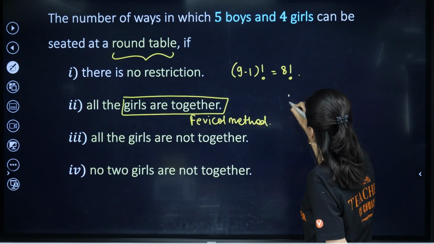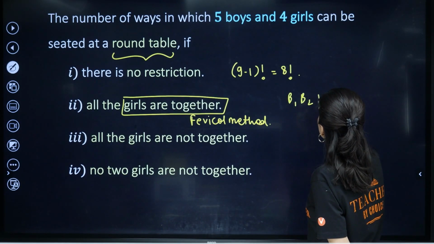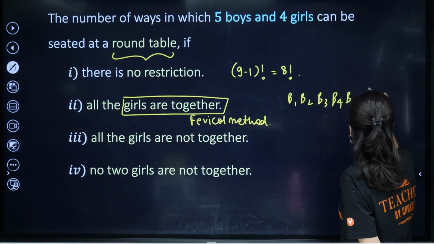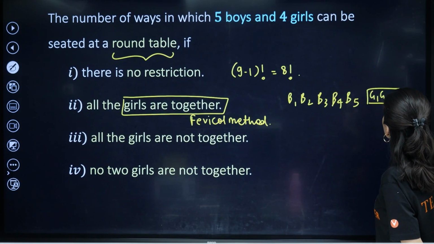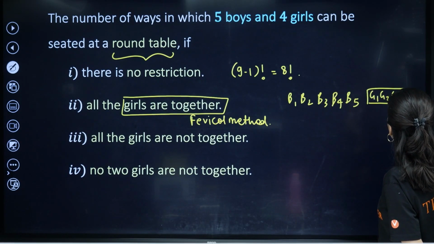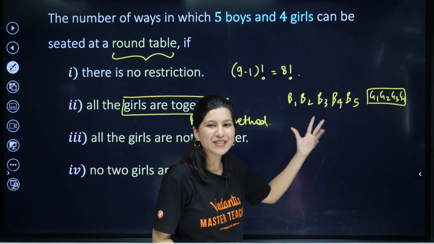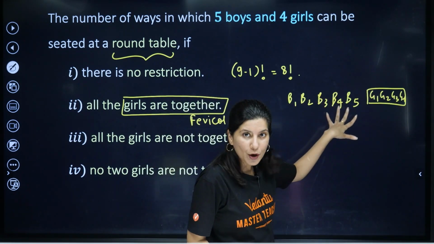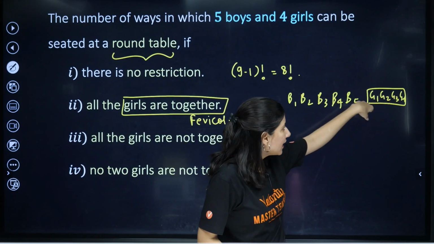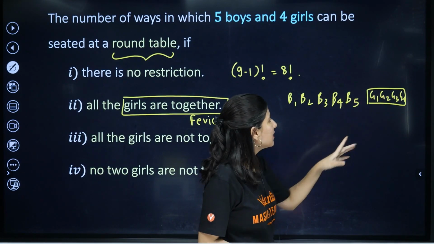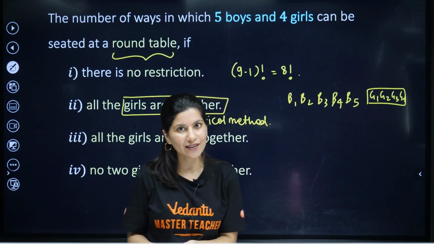So here 5 boys and 4 girls. Clearly 5 boys, B1, B2, B3, B4 and B5. But all the girls I have glued together, G1, G2, G3, G4. How many units or how many students are there? The 5 boys and 1 unit of girls, so 5 plus 1, total 6 students are there.